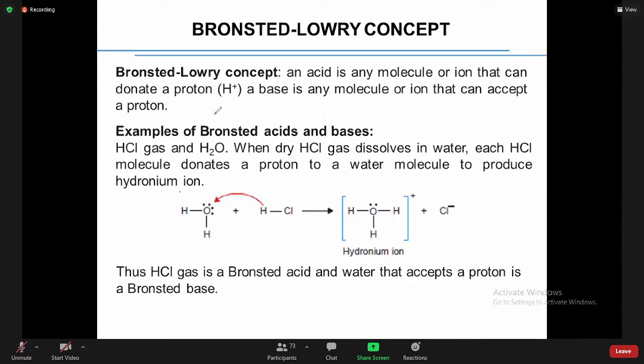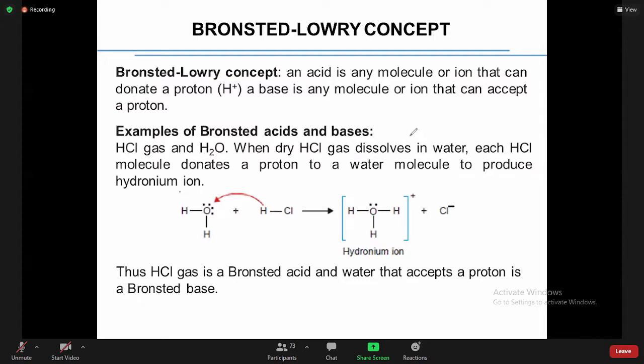According to the Bronsted-Lowry concept, the molecule that provides a hydrogen ion or proton is an acid. Donation of hydrogen will be done by an acid or a base? Acid. And accepting the hydrogen ion is a base, sir. Very good.